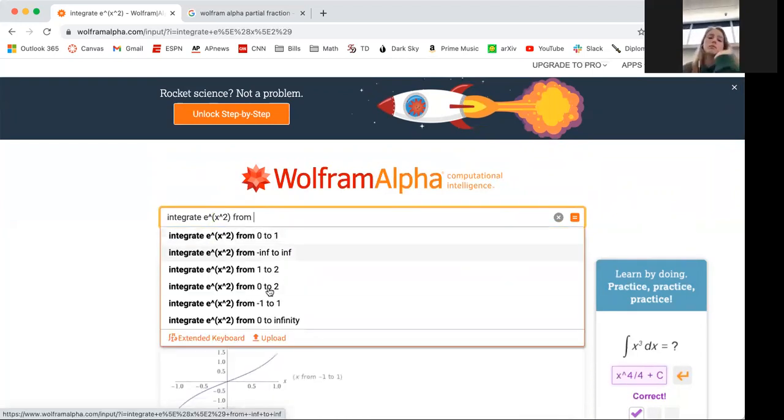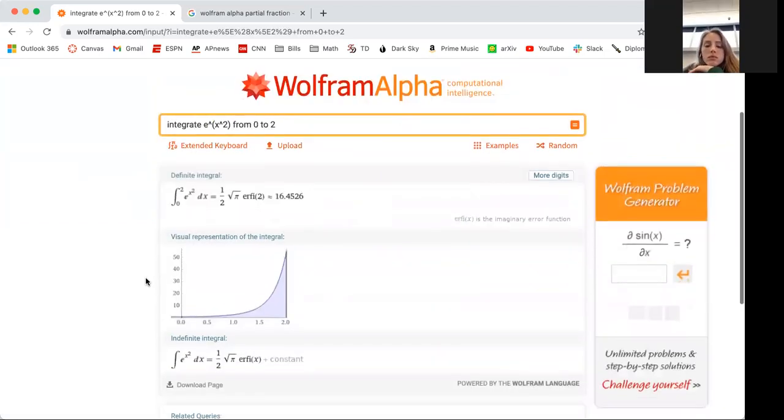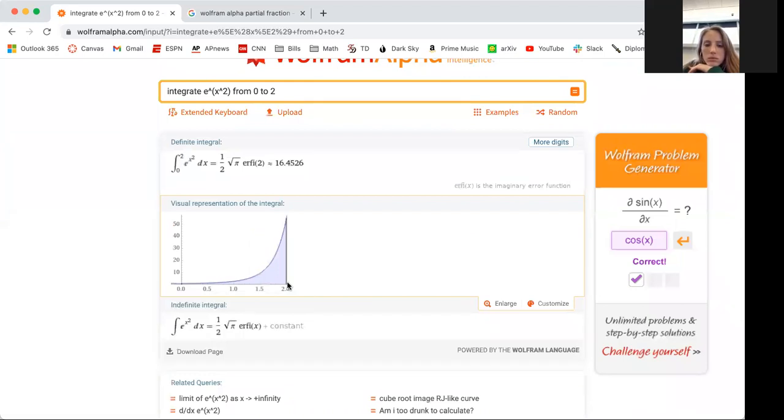So if we integrate this from 0 to 2, it can give us an approximation for the corresponding area for the definite integral. Especially for situations where you can't find the antiderivative, you're really stuck having to do something numerically, and for that you have to turn to whatever software is available.